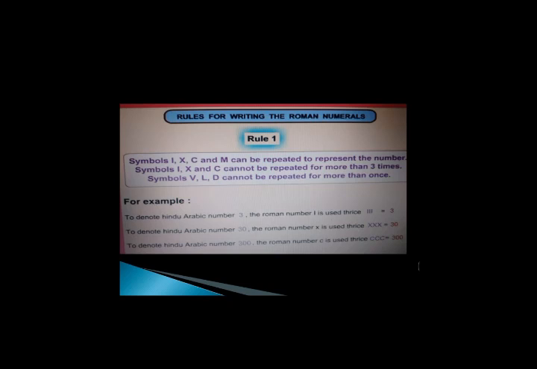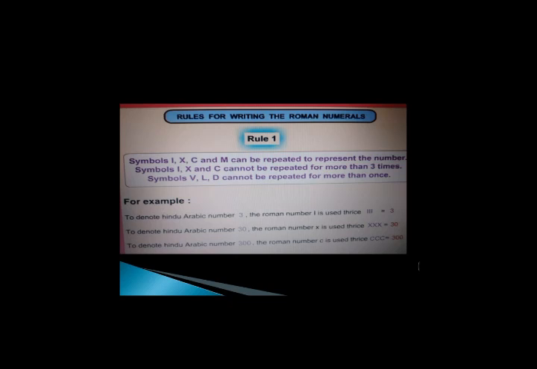Means maximum 3 times you can repeat for representing any number, and the rest 3 symbols that are V, L and D cannot be repeated for more than once.